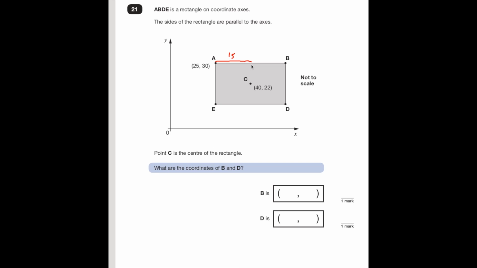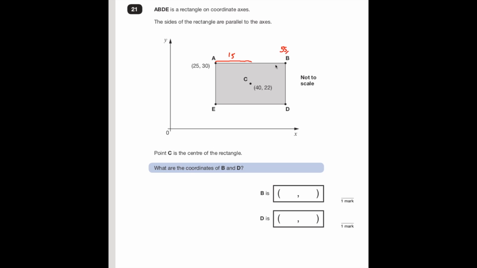And because we know that's the halfway point, it must take another 15 to get to B. So an additional 15 on the x-axis would be 40 plus 15, which is 55. So our x point of B is 55.